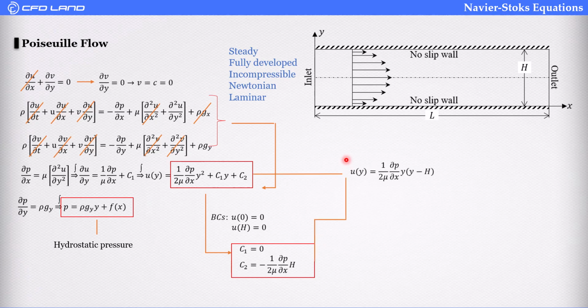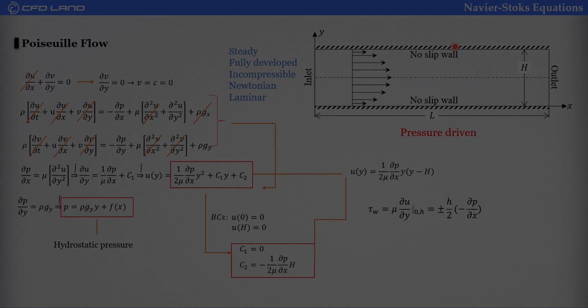And we have the u profile for Poiseuille flow. And we have wall shear stress for this problem too. Again, this problem can be solved analytically because of its simple conditions. And as we said, it's a pressure-driven flow.